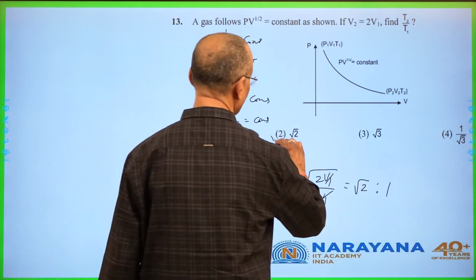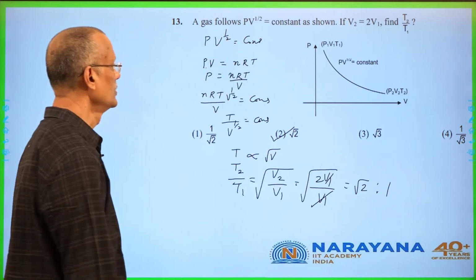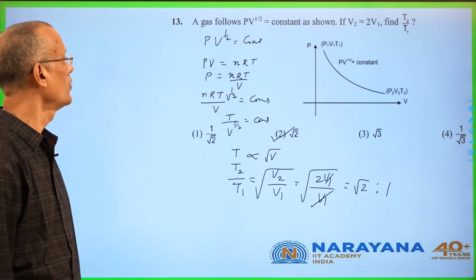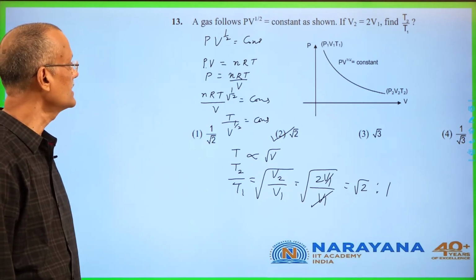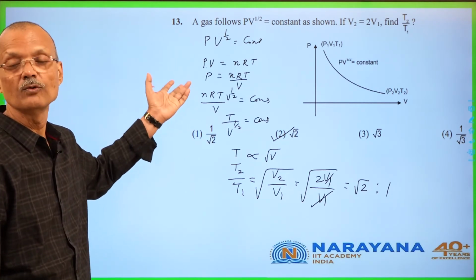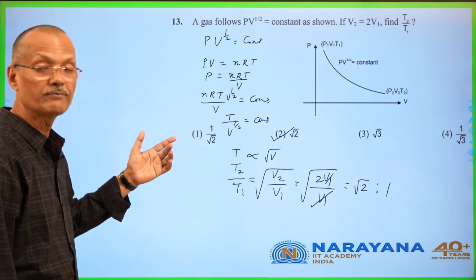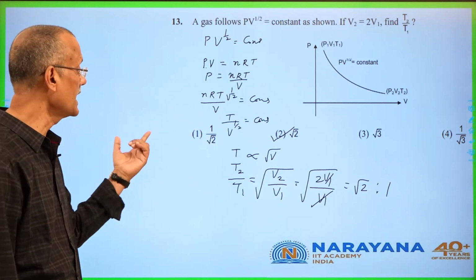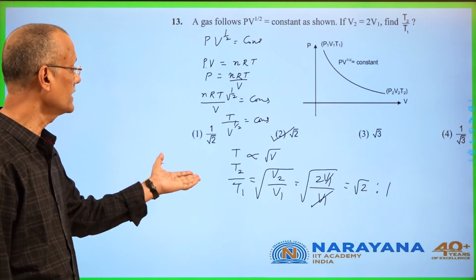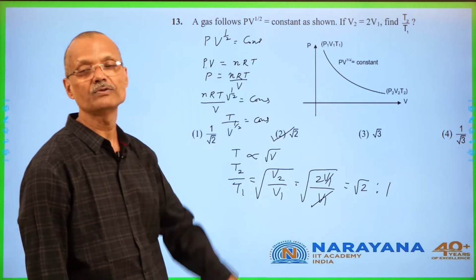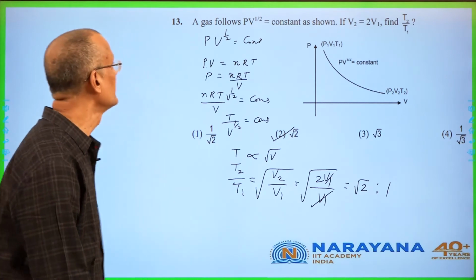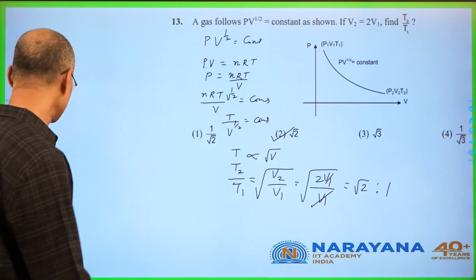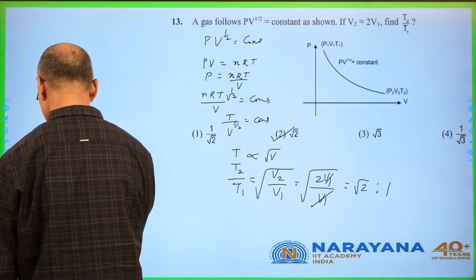So answer number 2, root 2 is to 1. Simple. PV power half is constant. You have substituted the value of P, then developed a relation between V and T, and directly substituted whatever value they supplied, V2 equal to 2V1. Simple, no? Let us move now to the next question.